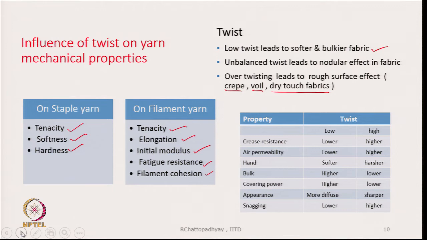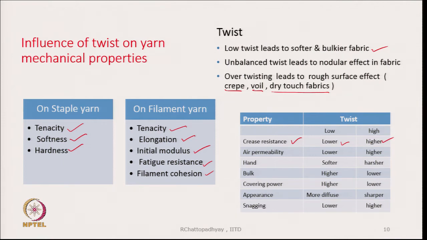Now, the table shown on the lower part of this slide shows how certain properties of the fabric could be affected because of twist in the yarn. Let us say crease resistance. When the twist is low, it will be lower, when twist is high, it will be higher.